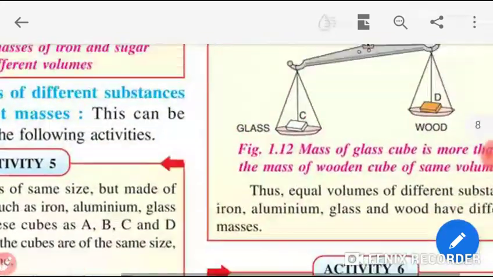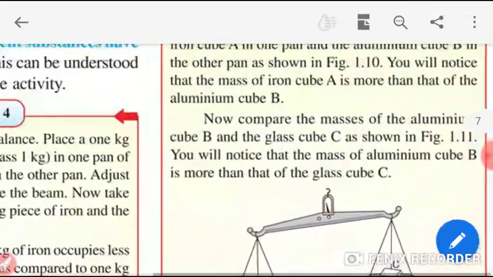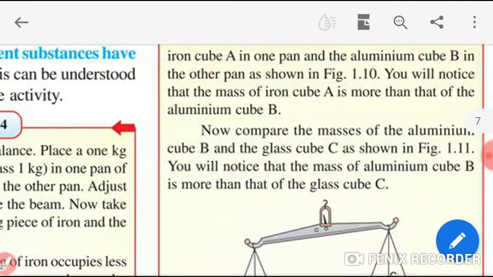Now again take a beam balance. Place the iron cube A in one pan and the aluminium cube B in the other pan.